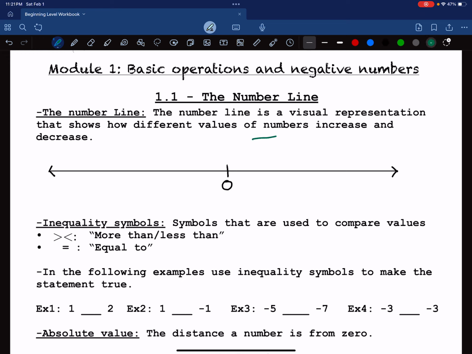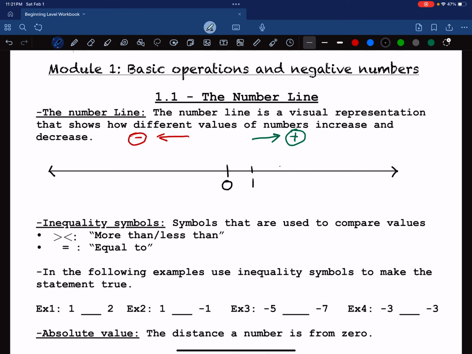So any numbers to the right of 0, these are going to be all of our positive numbers. And any numbers to the left of 0, that is going to be all of our negative numbers. So let's write out numbers from the right of 0. So that's going to be a positive number.